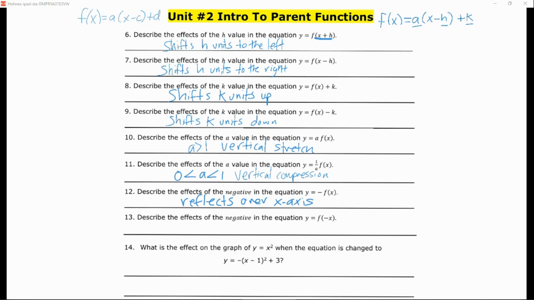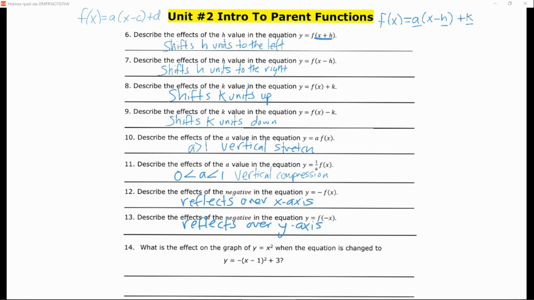Now, we didn't really talk about number 13, but whenever you have a negative inside the parentheses, like negative x, not like here where we have x minus a number, not this kind of negative, like negative in front of the x. This is more of a topic for next year. This is going to deal with reflecting over the y-axis. You're rarely going to see these examples until you get to pre-cal.